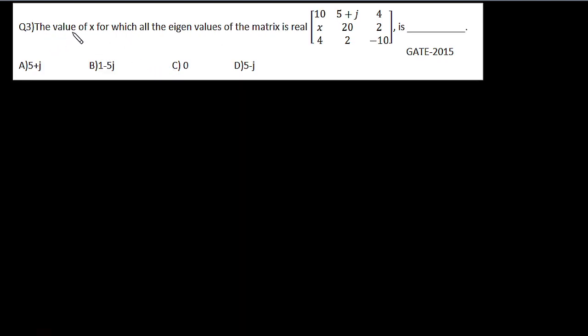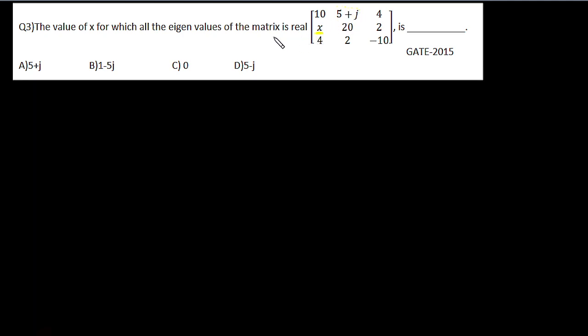Question 3 says: the value of x for which the whole eigenvalue of a matrix is real. Okay, they are asking about the value of x such that the eigenvalues of this matrix are real numbers. So here you can see that this matrix has a complex number in its 1 2 position.